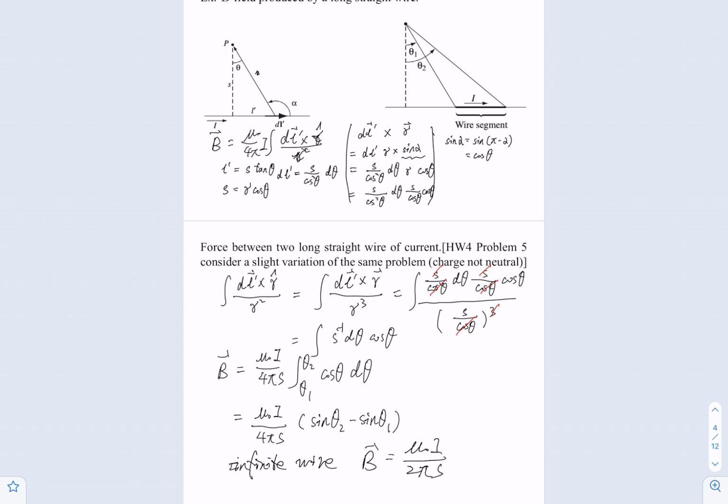In the parentheses, it should give you a factor of 2.